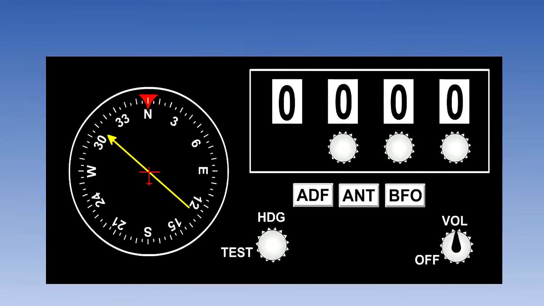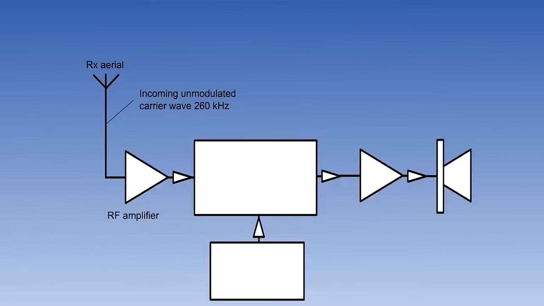The bearing reading must be ignored, as the loop antenna has been isolated. Let us say that the carrier wave is transmitted at 260 kHz. The BFO generates an alternating current, which differs from the incoming carrier wave frequency by 2 kHz, at 262 kHz.